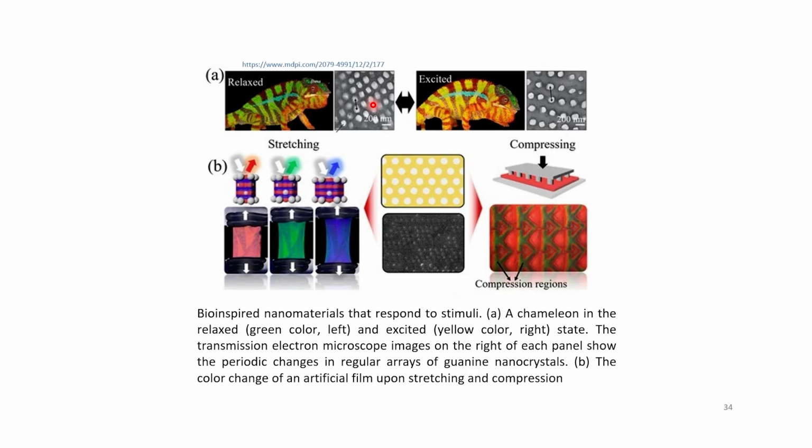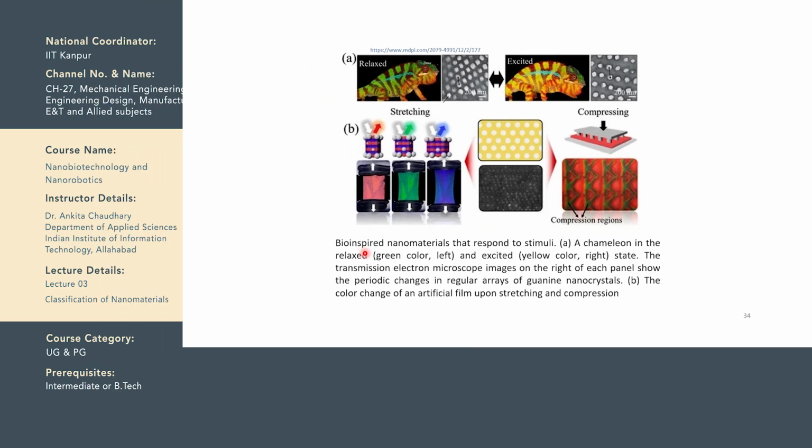So, this has inspired a lot of nanomaterials, like the color change of an artificial film upon stretching and compression. So, that is an artificial film and you stretch it and compress it and you will obtain different colors. So, that is a bioengineered nanomaterial which is inspired from natural nanomaterial.